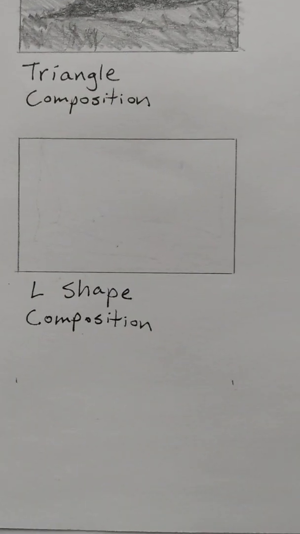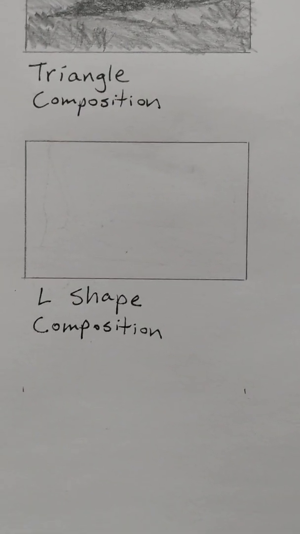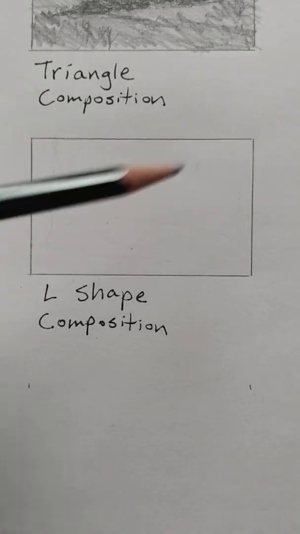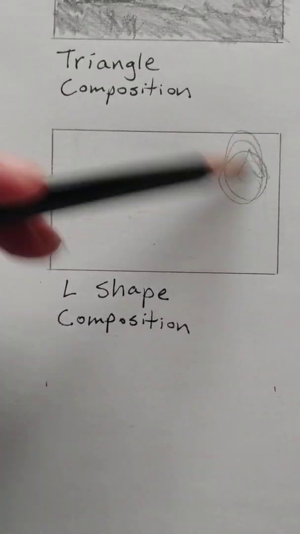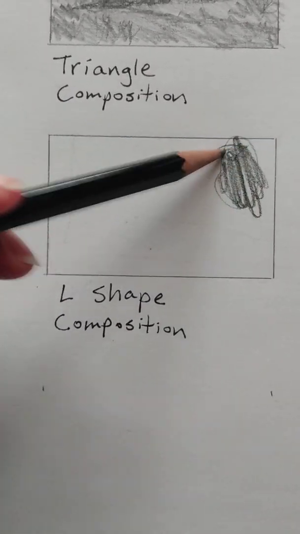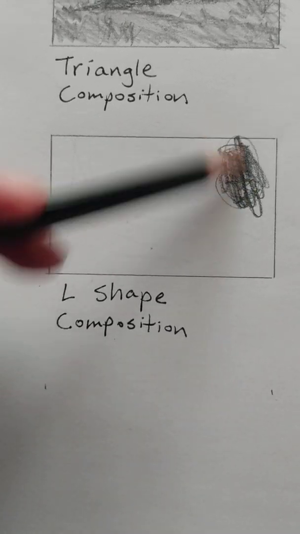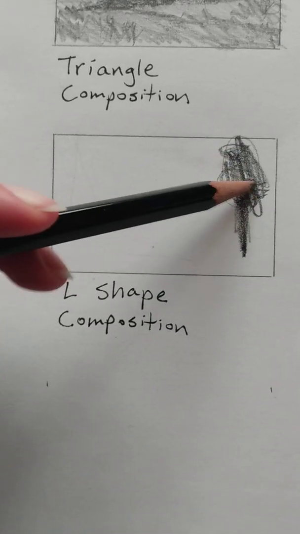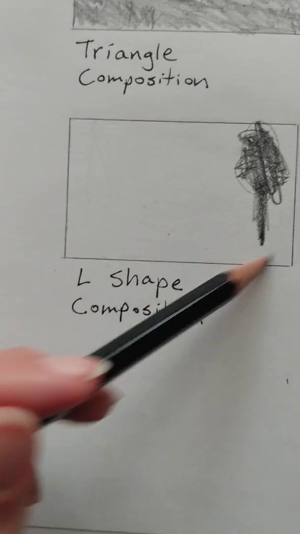All right, moving on. Last one, the L shape. For that one, I decided I would do a tree. That would be the top part of the L. I'm trying to move pretty quick now.